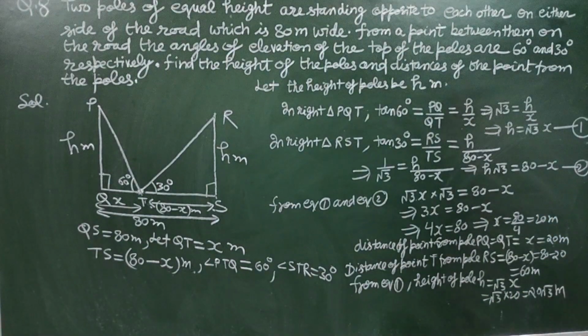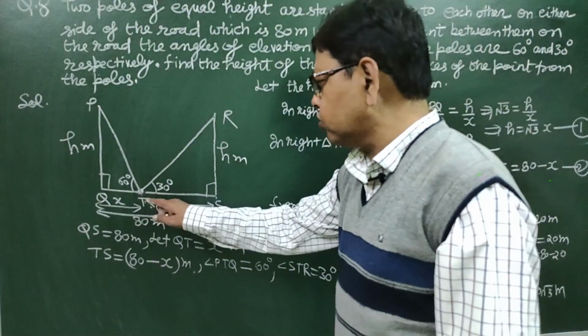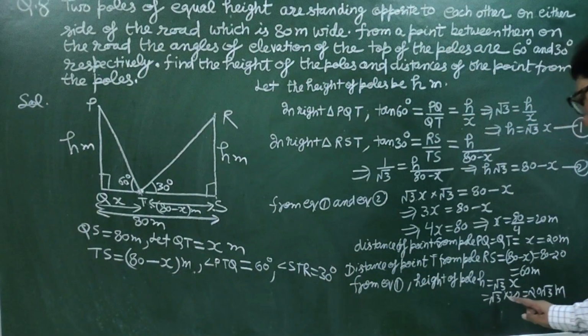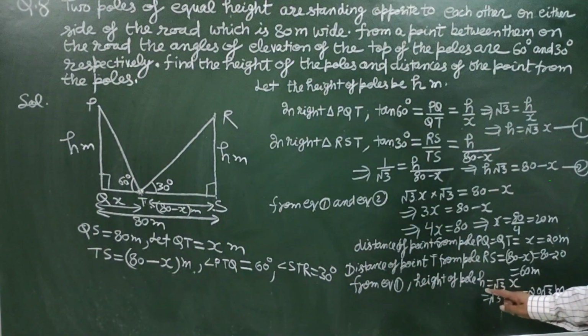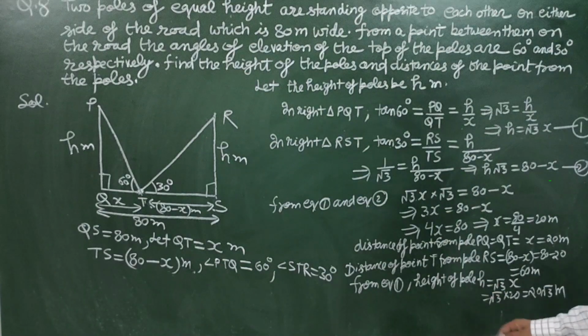If you want to calculate in decimal, you can put the value of root 3 as 1.732. So the distance of point T from pole PQ is 20 meters, the distance of point T from pole RS is 60 meters, and the height of the poles, both being equal, is 20 root 3 meters each.